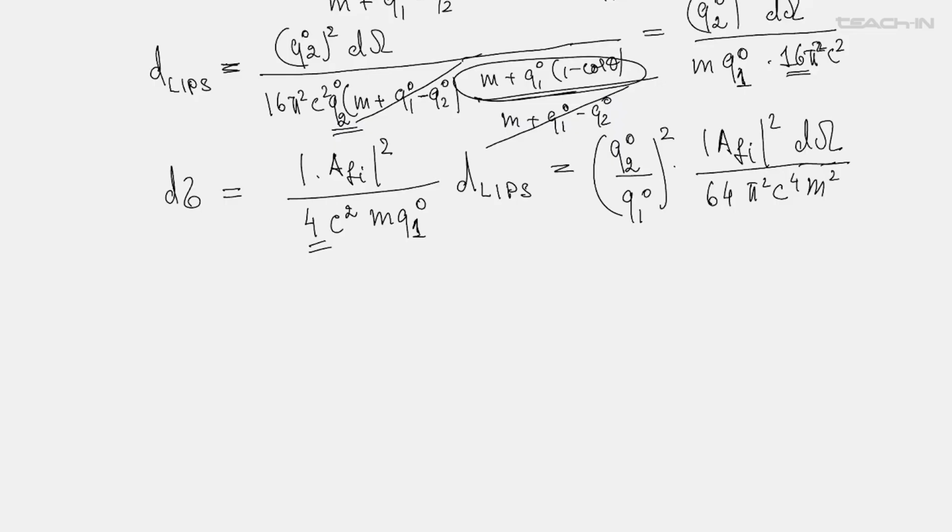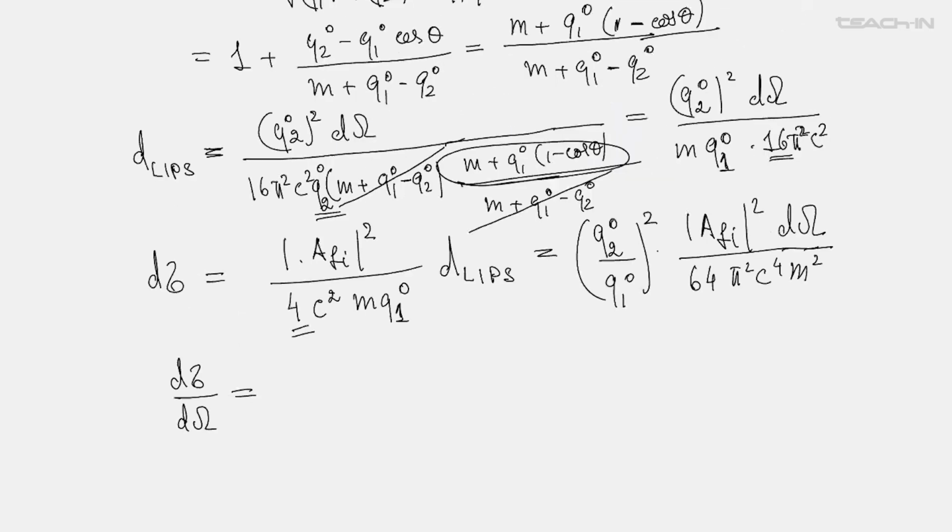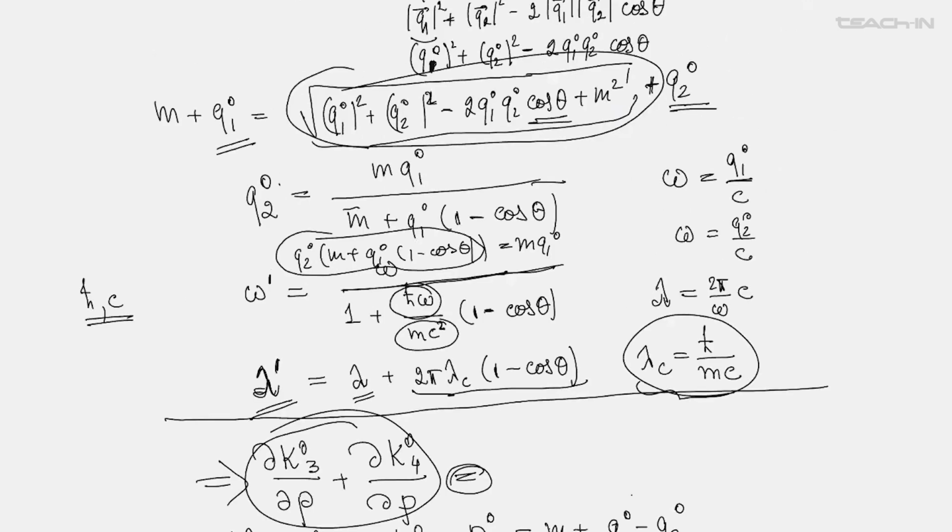So the differential cross-section, sigma over d omega, is given by the ratio of Q20 to Q10, which is the same as the ratio of omega prime to omega.